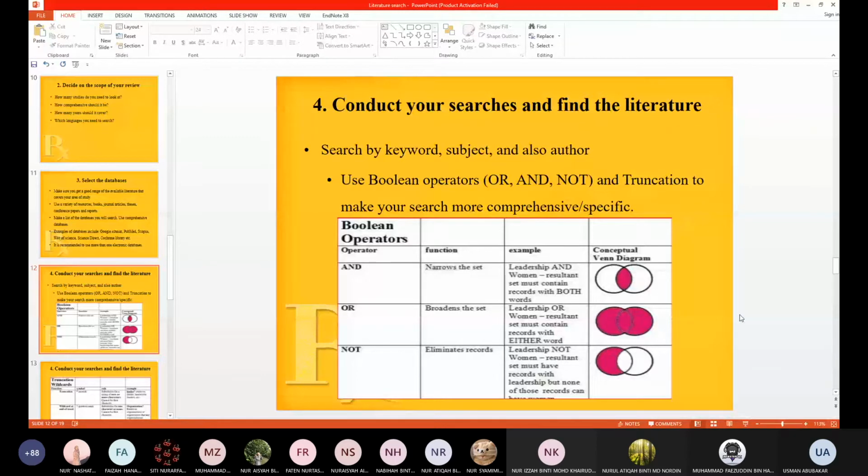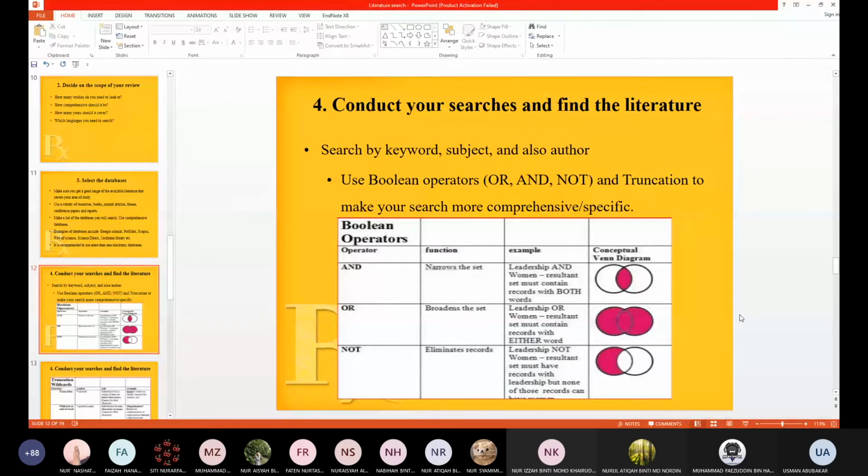So in that case, any article that was indexed using the word aspirin or acetyl salicylic acid will be available for you to review. If you use aspirin alone, those that were indexed using acetyl salicylic acid will not be available for you because the search result will not bring that out for you. If you use acetyl salicylic acid alone, those that were indexed using the term aspirin will not be in your search results.